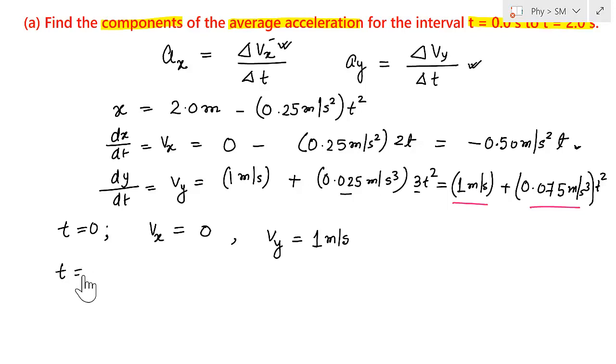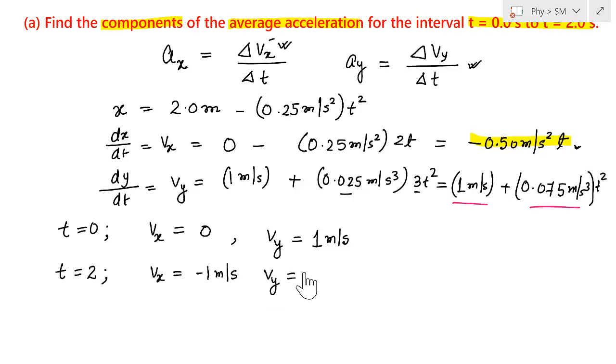Similarly, I can calculate the velocity corresponding to t equals 2 seconds. So Vx, what will be this value? This term multiplied by 2, so 0.5 times 2 is basically minus 1 meter per second.